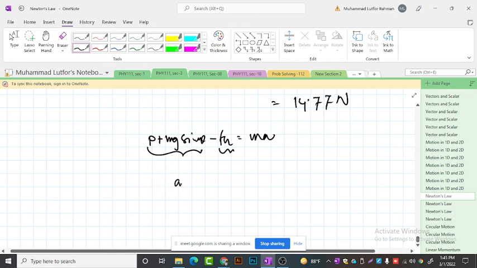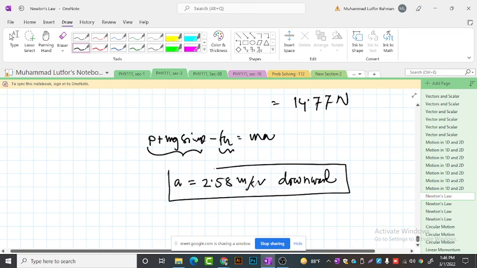If you plug in those values into this equation, you will find that the acceleration of that block would be 2.58 meter per second square, downward. Now it should be in the downward direction. So that's how you can handle this frictional system. That would be the answer of this case.